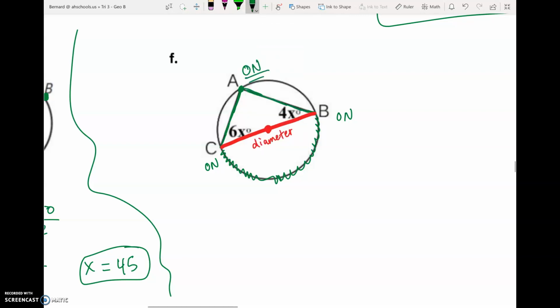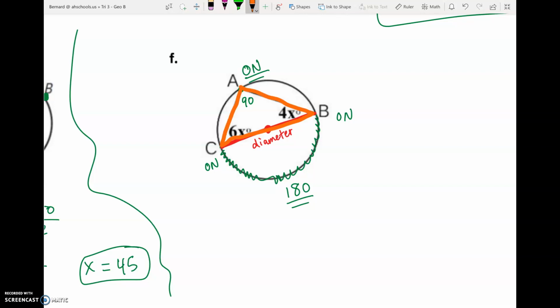The arc we're working with on this half of the circle has to be 180 degrees, since that diameter starts and stops where our arc starts and stops. So angle A, the one we're missing in this triangle, is going to be half of the arc, so half of 180, which means angle A has to be 90. And that's huge because now I'm going to change the color once again, and I'm going to ignore the circle.